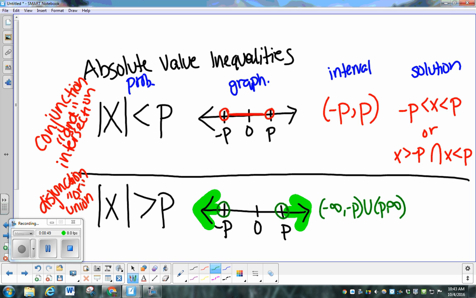And then to write our solution, we would say X is less than negative P, or X is greater than P.